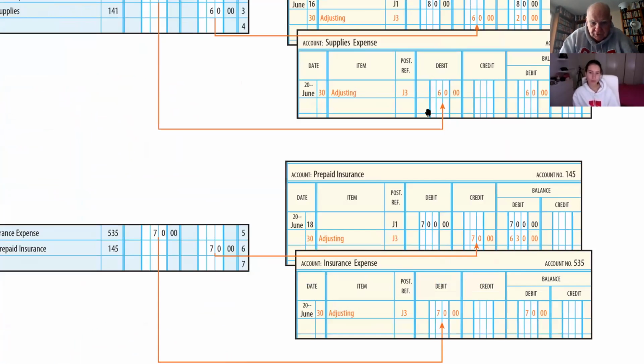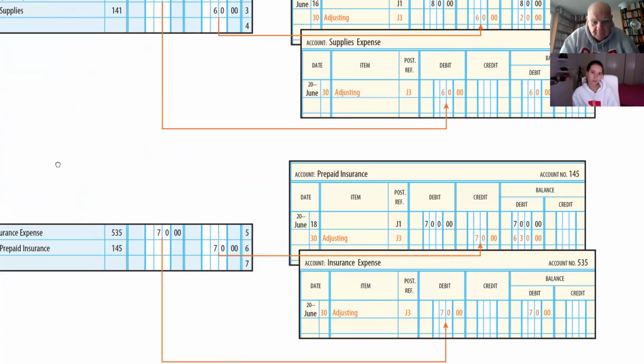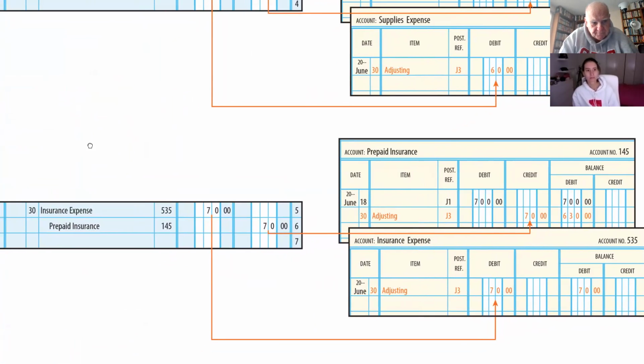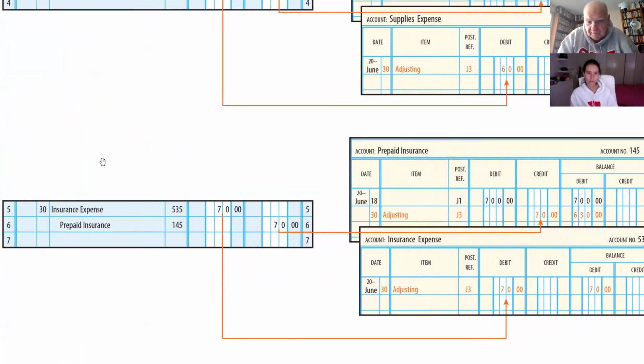Let's look at the prepaid insurance. We paid for this insurance policy on, they don't tell you the month, but then we don't care. Oh, June 1st, they told us, huh? We paid $700 for this policy. Here's your general ledger. We bought this policy on June 1, and the policy is effective June 1st.